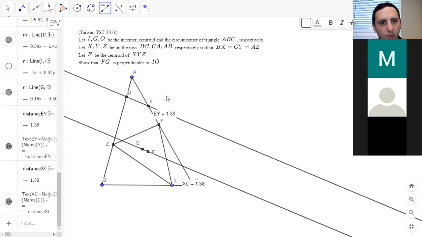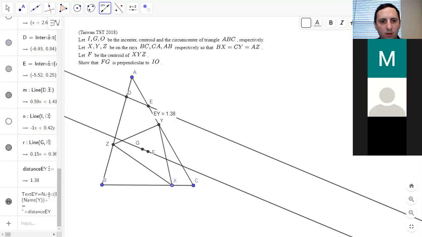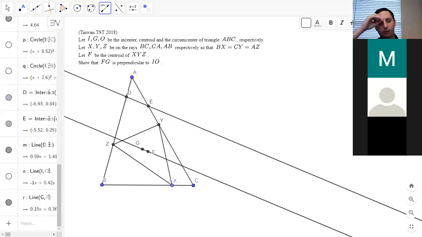Wait, why would one be true but not the other? Am I missing something? Because it's not symmetric. Oh, you're right. Yeah, it's not symmetric. So EY equals XC and CY is BX.